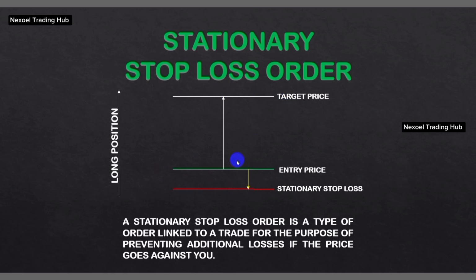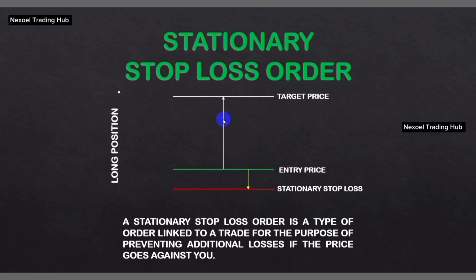Meaning if price is going in your favor, price should push to the upside to your target price. And then if price is going against you, the market is going to come to your stationary stop loss, and then you'll be taken out of the market. Meaning you see that the market is preventing you from incurring more losses in your position.